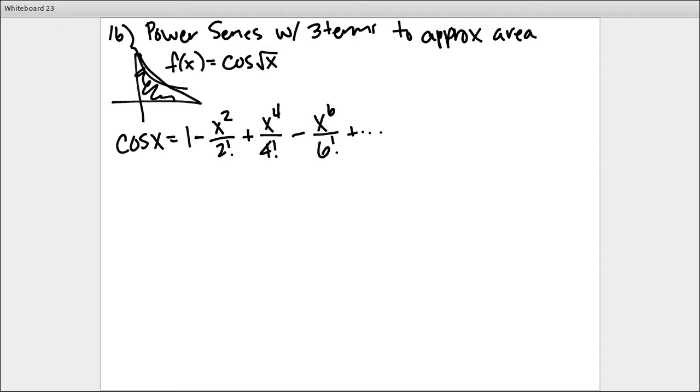So cosine of root x, you would just plug root x into all of those x's. We're manipulating this series. We know cosine, and so we can manipulate it.